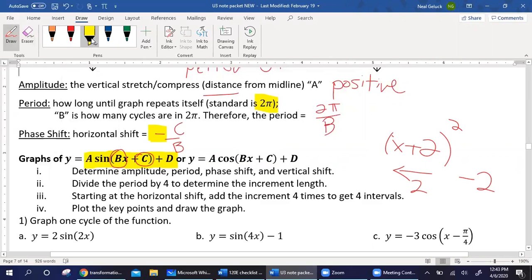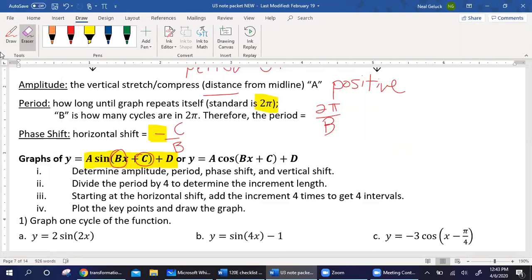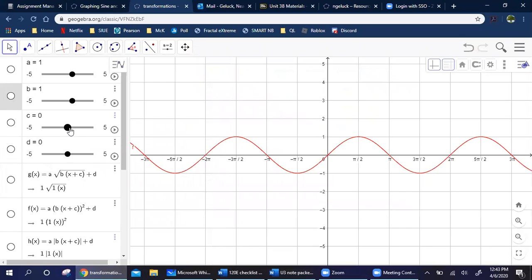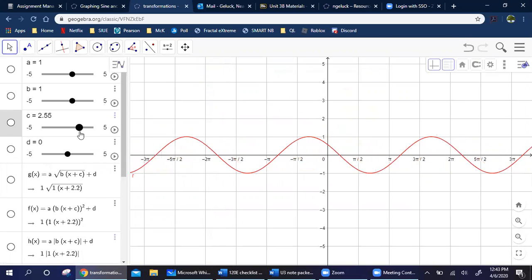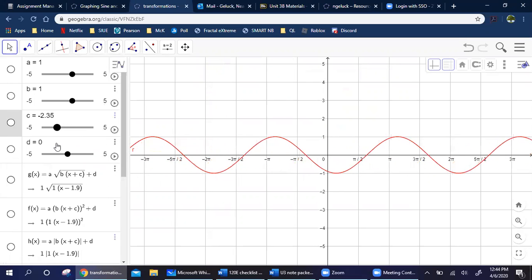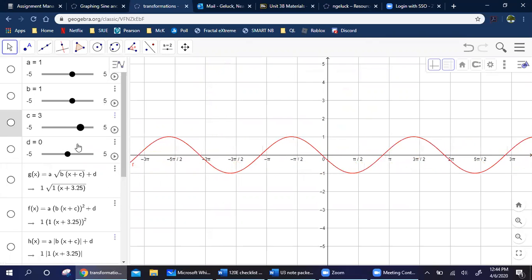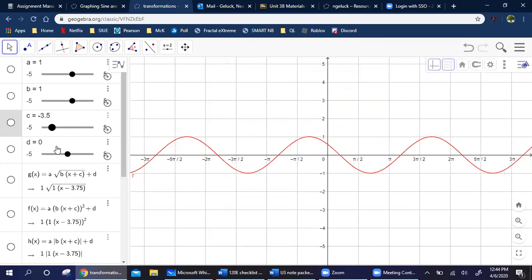So if it was plus c, I would go left c. So phase shifts are basically just horizontal shifts. Looking back at this, a positive number is actually moving me to the left, whereas a negative number is actually moving me to the right. So phase shifts just move me left and right. They're just horizontal shifts.